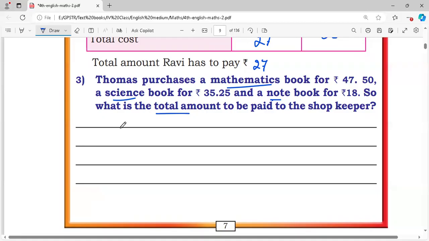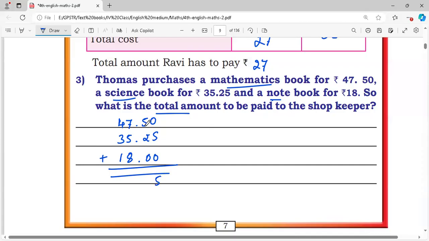Write all and add. Mathematics book, 47 rupees 50 paise, science book, 35 rupees 25 paise, and notebook, 18 rupees 0 paise.